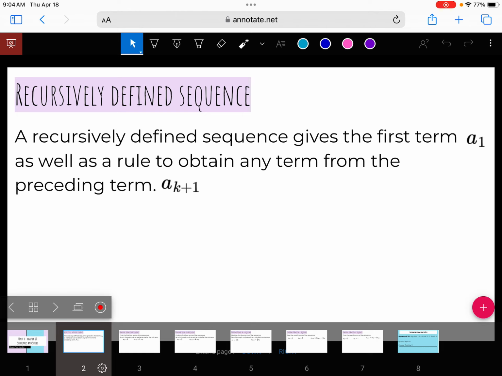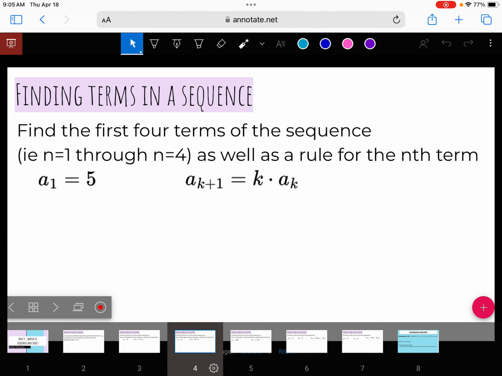That's okay. All right, so we had this definition yesterday. This is our recursive function where it's given us a rule and it's based off the previous value. So we're going to work through several of these, identifying the terms and trying to find a rule for the nth term.